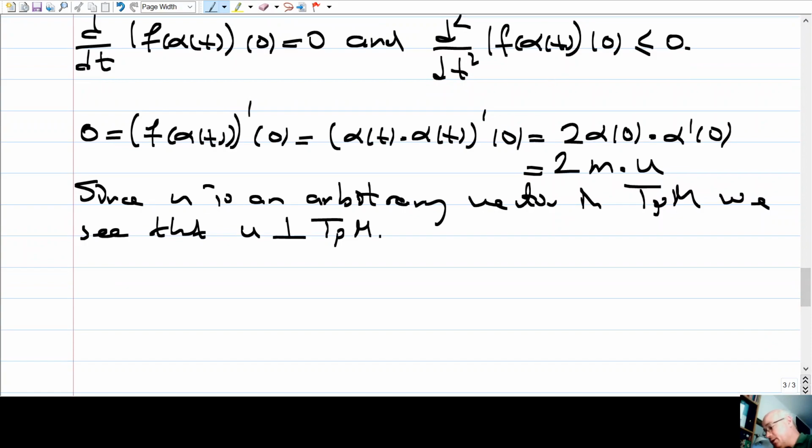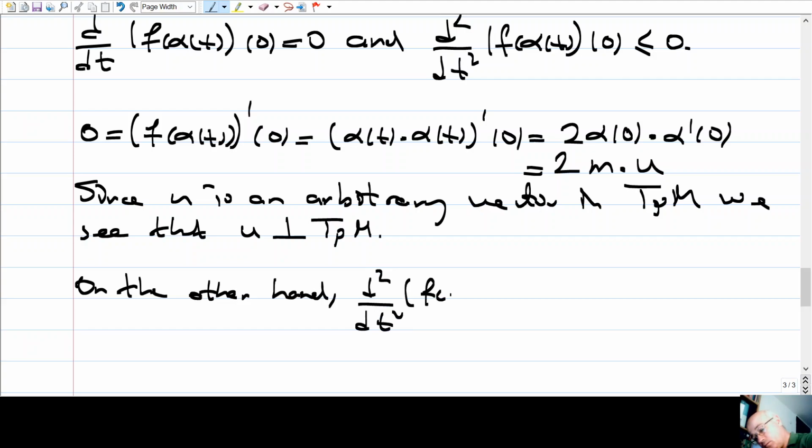What about the second inequality? On the other hand, we have this second derivative, which is equal to, right, this is alpha dot alpha, so the first derivative was 2 alpha dot alpha prime.